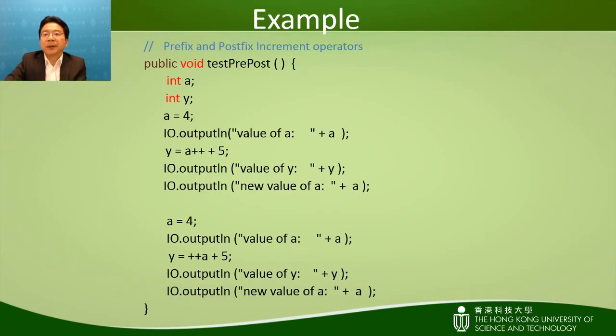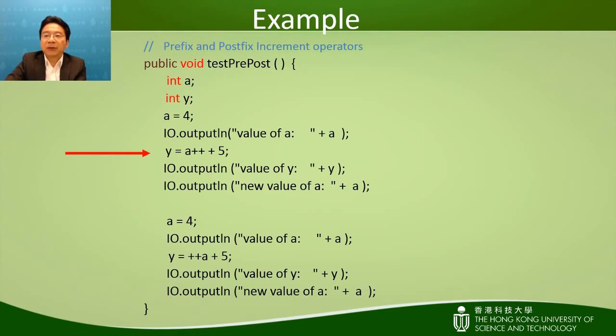The example here shows the difference between prefix and postfix increment operator. Two integer variables, a and y, are declared, with a being initialized to 4. The first output statement should be straightforward. The assignment statement will try to assign a++ plus 5 to y. Think about what would be the result for this assignment here. Notice that a++ is a postfix increment operator.